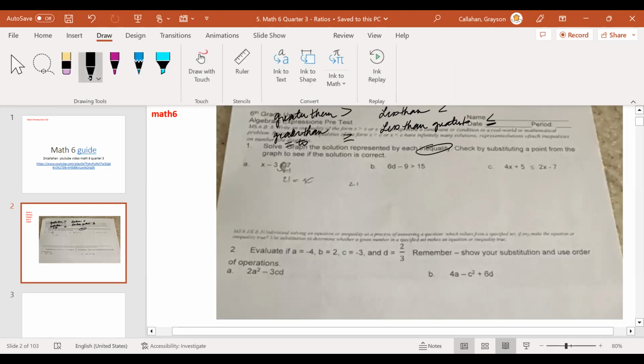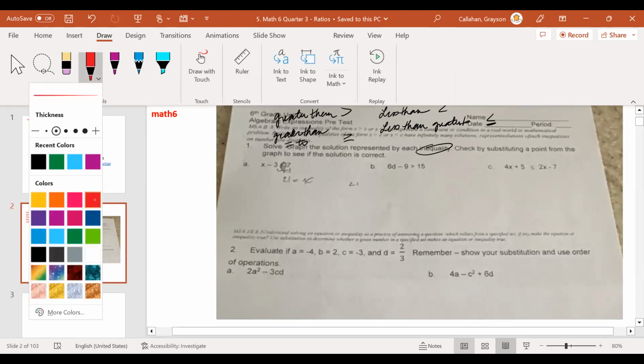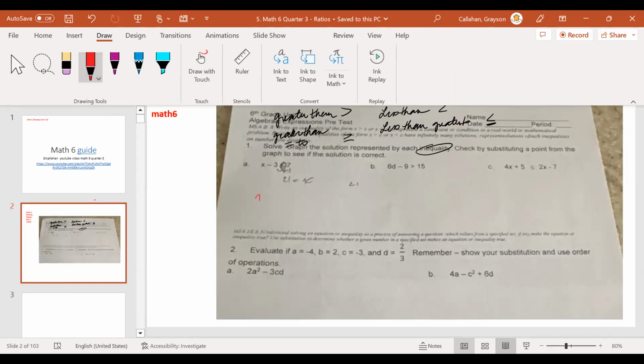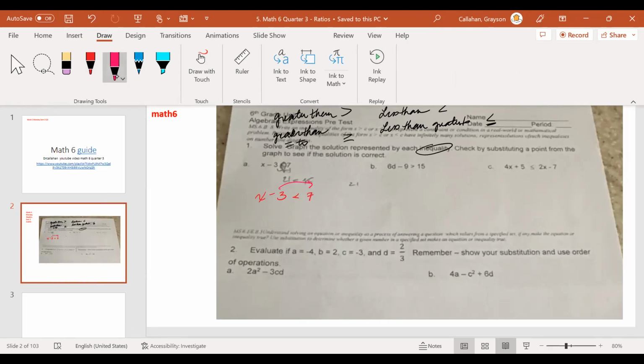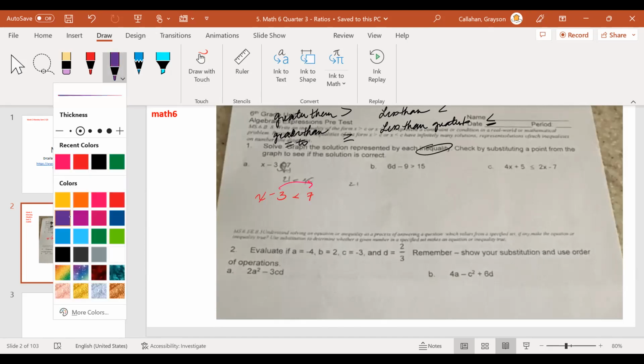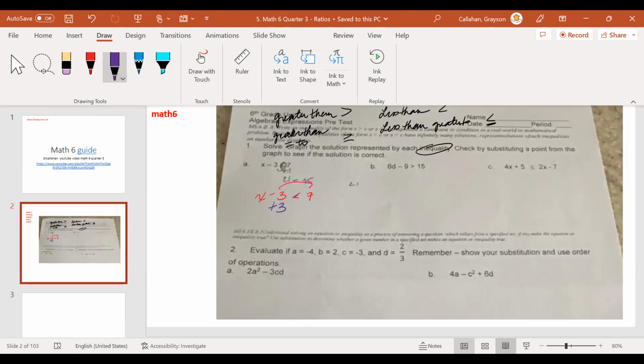So for the first one, it says x minus 3 is less than 7. Is that what it is? Okay. Think of this as an equal sign, okay? You want to move that 3 over to the right side. What's opposite of a negative 3? So add 3 on the left side of this sign, add 3 on the right side of that sign.